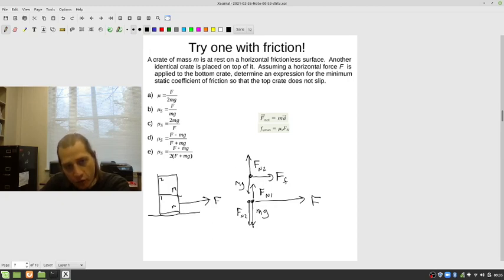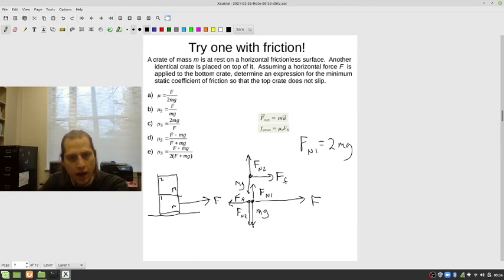But this force forward on the top block means there's a force backward on the bottom block. So, what are we doing here? Essentially, your Fn2 is just going to have a magnitude of mg. That means that your Fn1 has to have a magnitude of 2mg. Fn1 equals 2 times mg.